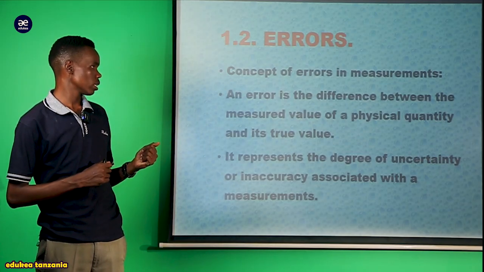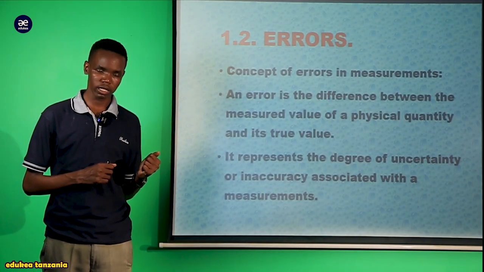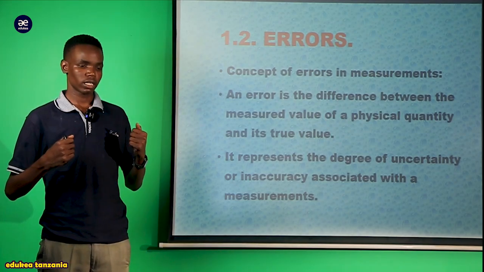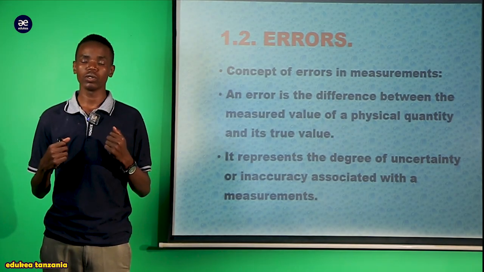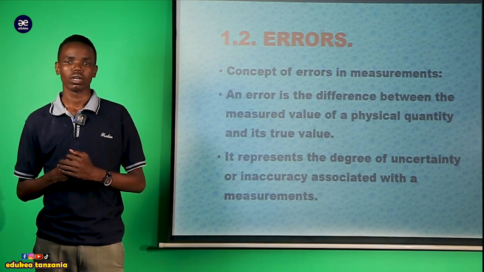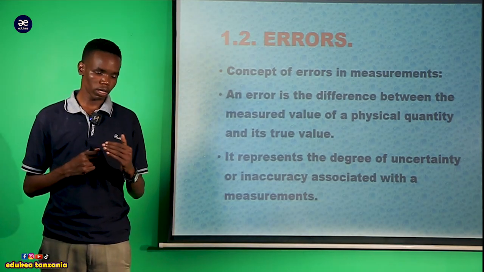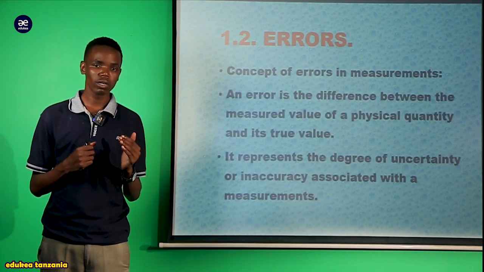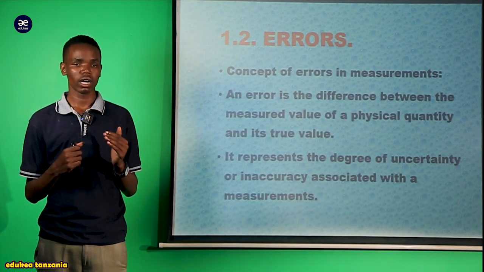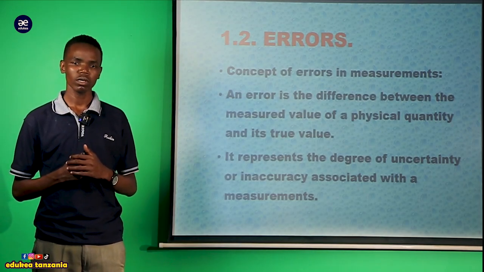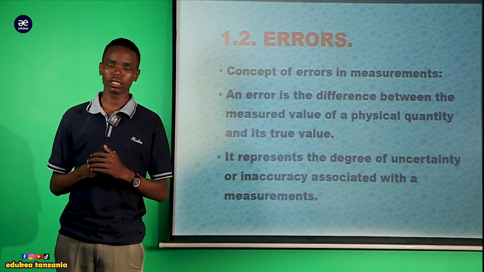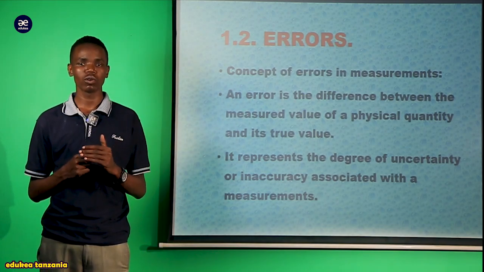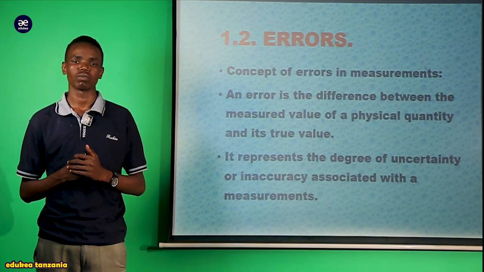So my dear student, as we know, when we talk about the error, this is the mistake that occurs during the measurements. When you record or take any measurements, wrong data always appears during the measurements. Or sometimes we can say that the error is the difference between the actual value and the measured value.